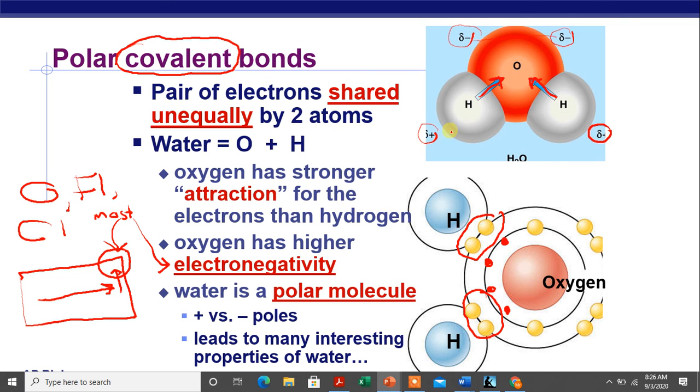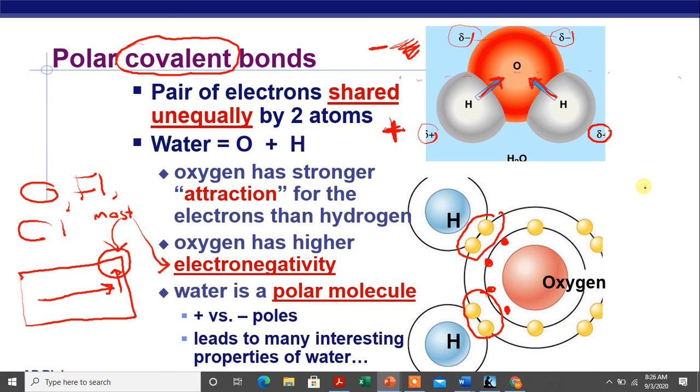And any molecule where we can draw an imaginary line down it and separate it into a positive half and a negative half, just like the north and south pole on a magnet, we call a polar molecule. So water is a polar molecule because it can have, I drew those backwards, I am so sorry, a positive half and a negative half. It is a polar molecule.